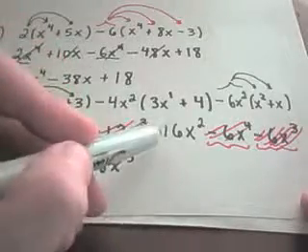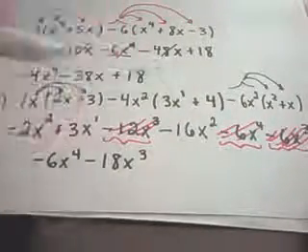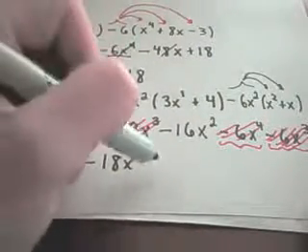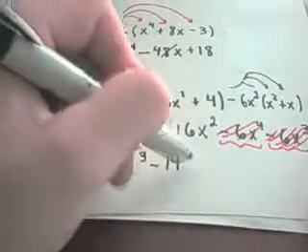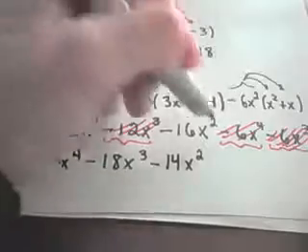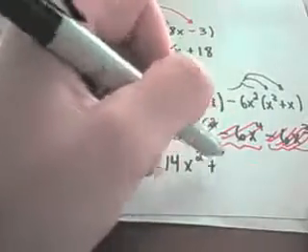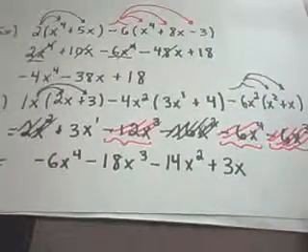Then I have negative 16x squared and a positive 2x squared. Negative 16 plus 2 is negative 14x squared. So that'll take care of the x squared terms. And then the only thing I'm left with is the positive 3x term.